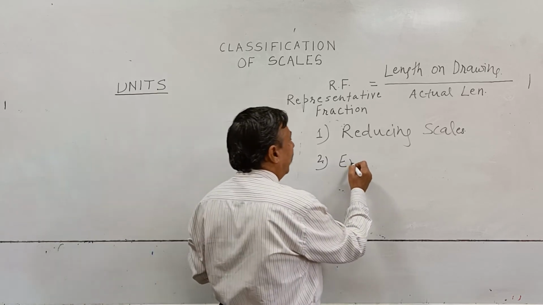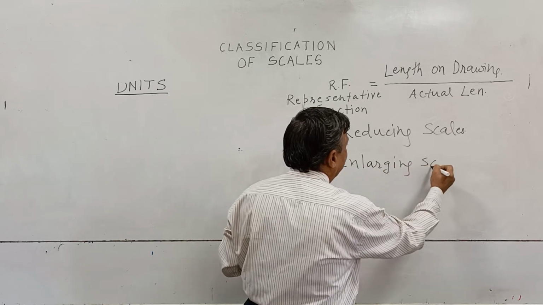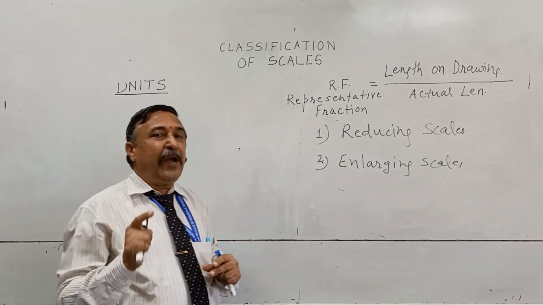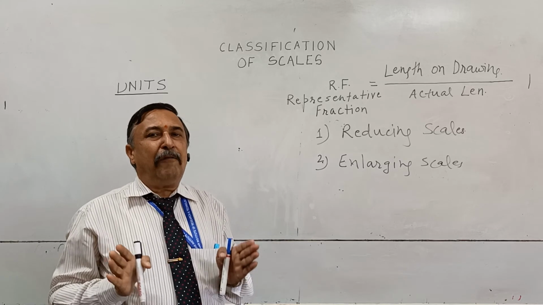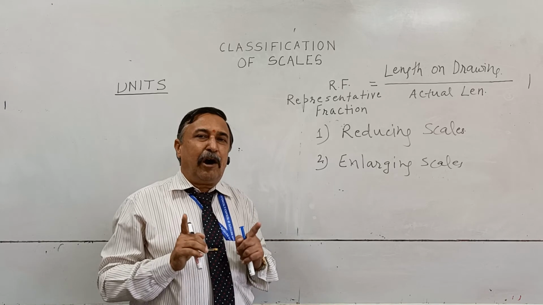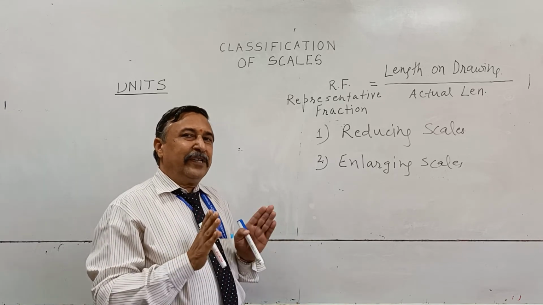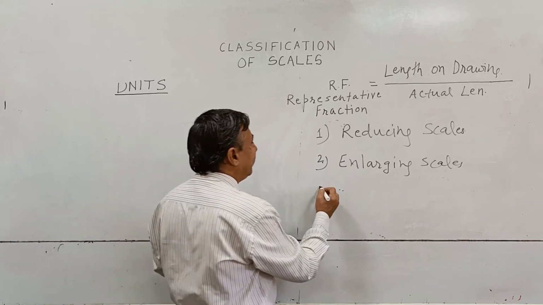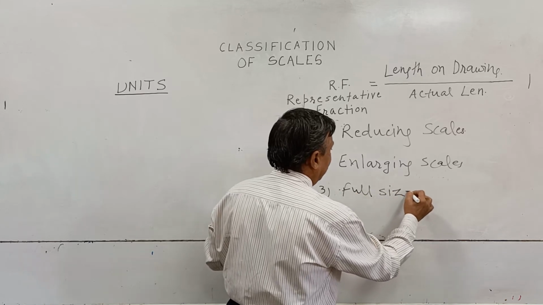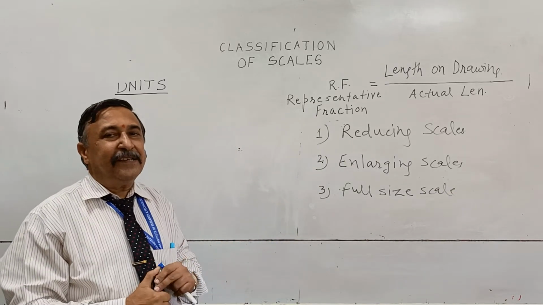Those scales are called enlarging scales. And you know that you have available a scale of maximum 30 centimeter length. If you have to draw objects up to 30 centimeter in actual length, that scale is called full size scale.